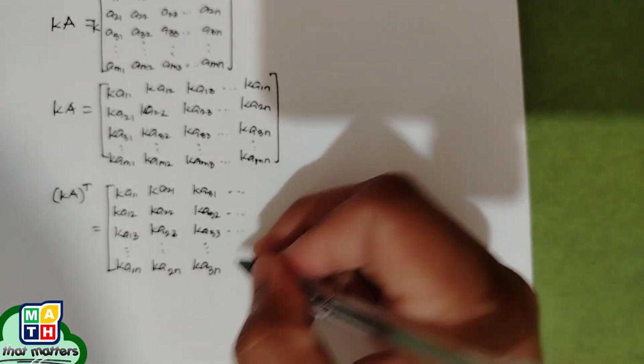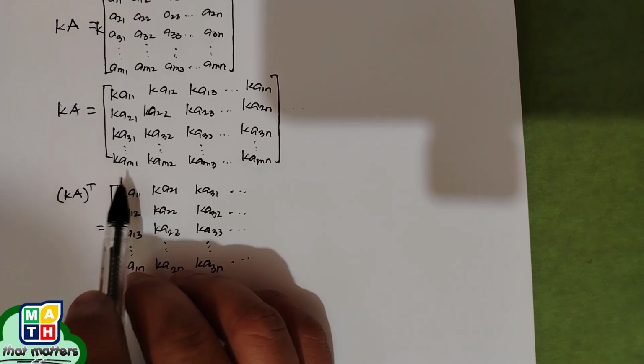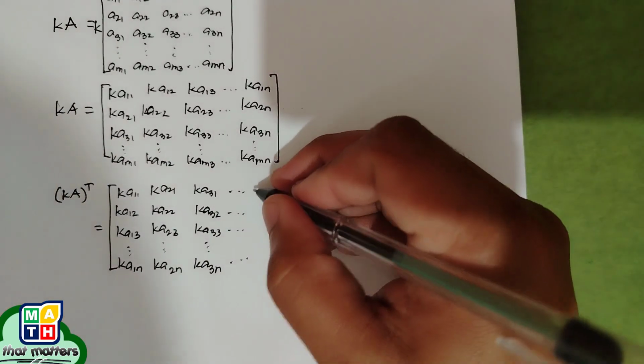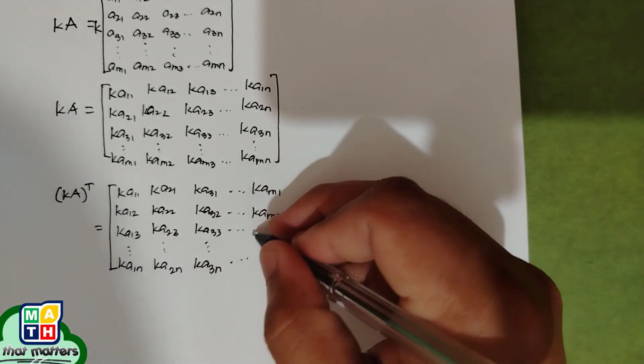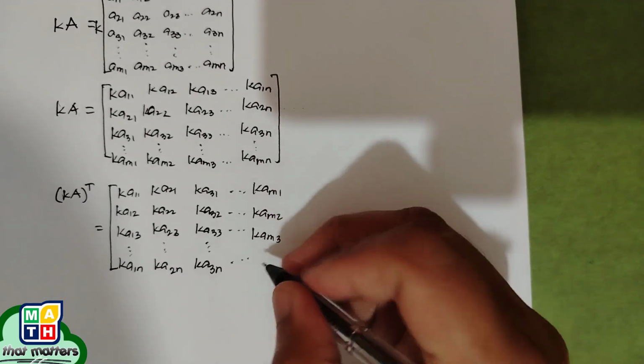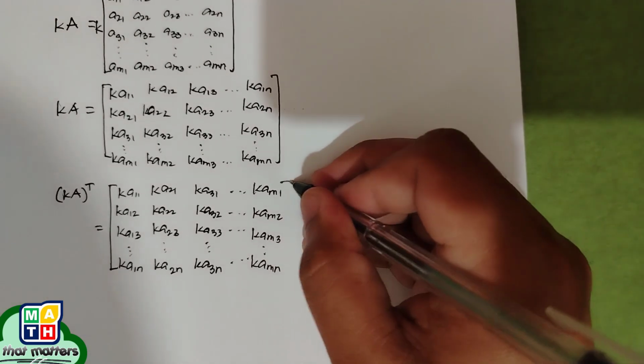And your last column for the transpose should be the last row of your original matrix. So you have kam1, kam2, kam3, and then until kamn.